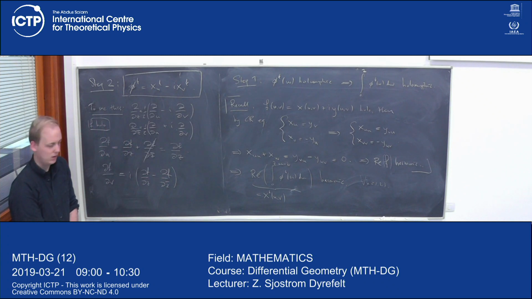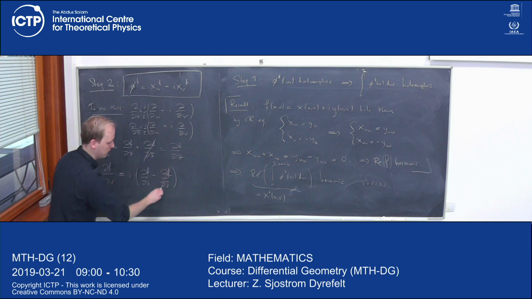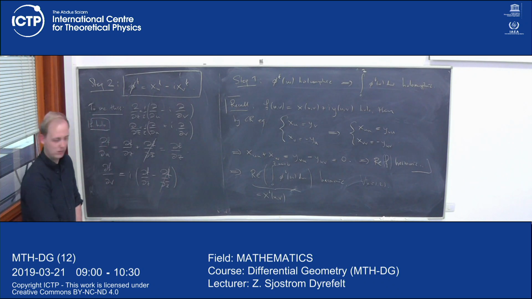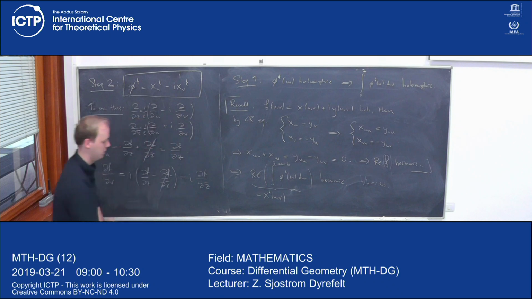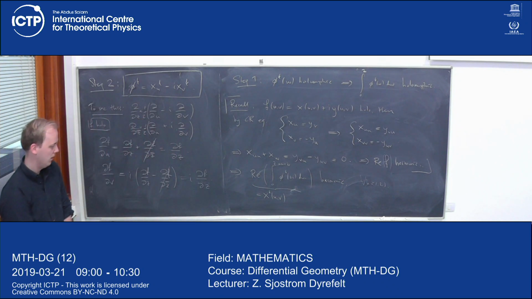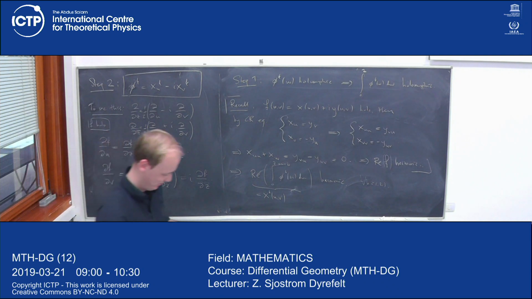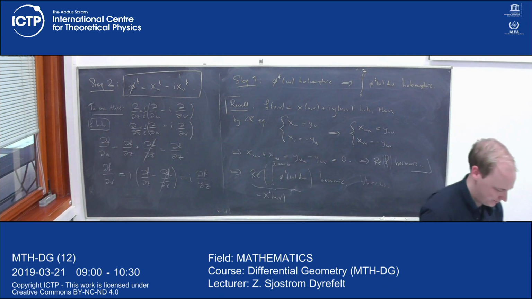This is good? Okay, and in the same way, this is equal to 0 because f is holomorphic. So if f is holomorphic, then this is equal to I partial f partial z. I think it should be minus I. Yes, minus I. Good. I squared equals -1.